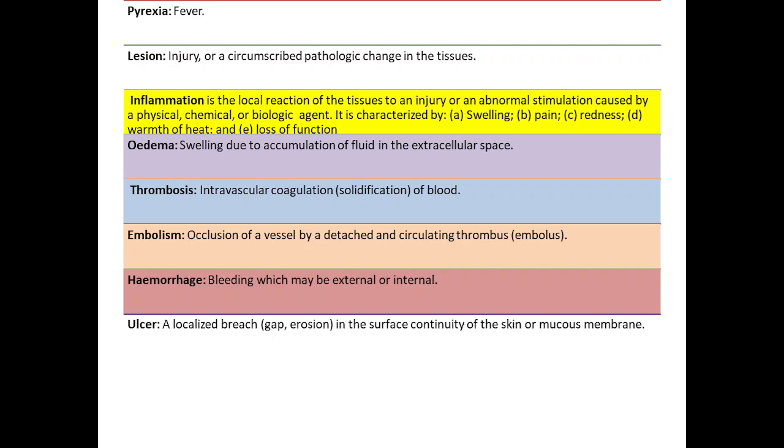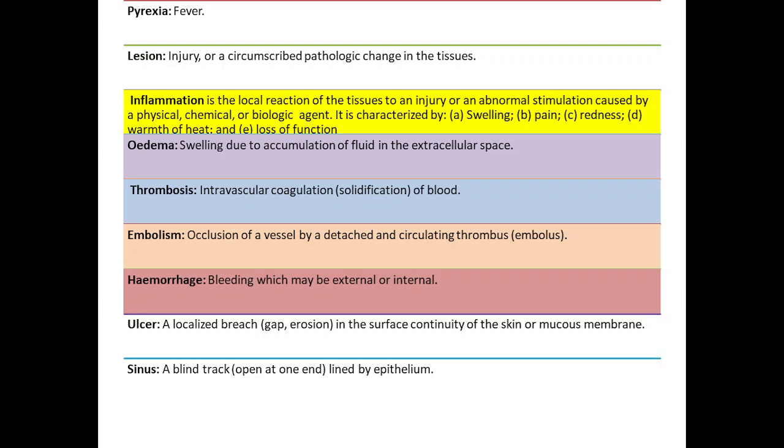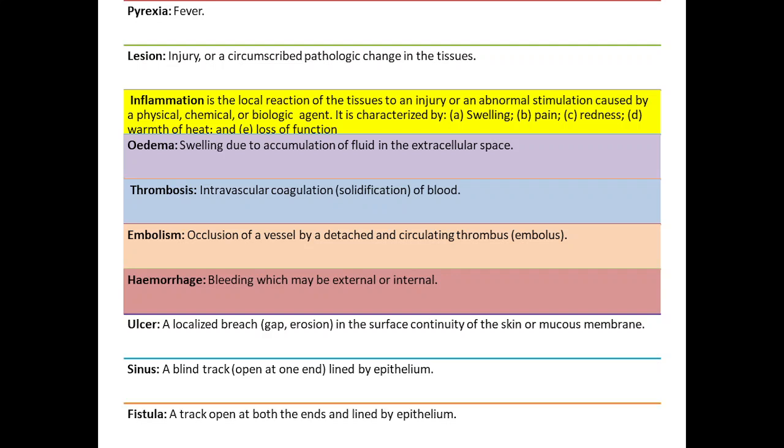Ulcer is a gap or erosion in the surface continuity of the skin or mucous membrane. Then sinus is a blind tract lined by epithelium. We have studied it in the liver. Then fistula is a tract open at both ends and lined by epithelium. Fistula you will study maybe in embryology.